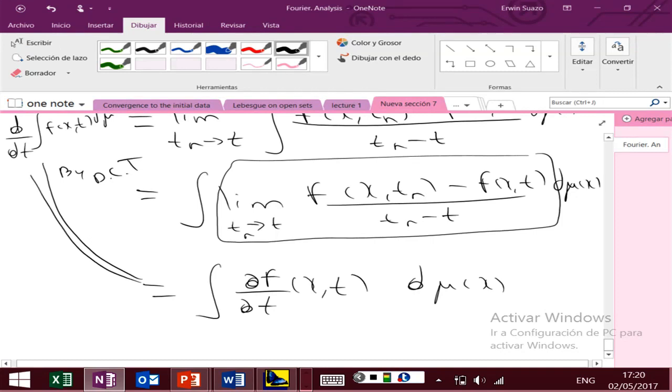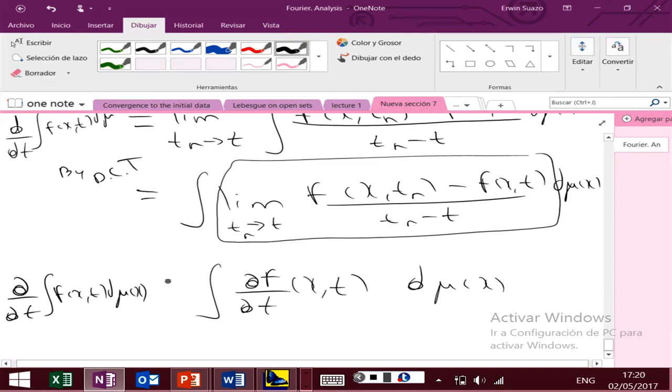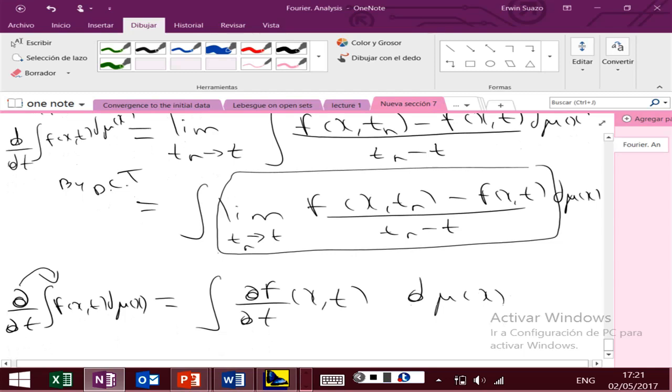So in conclusion, I have the derivative with respect to time of the integral of f of x t d mu of x, as I want. So I can interchange derivative with integral. Okay, and that's the conclusion of the proof.